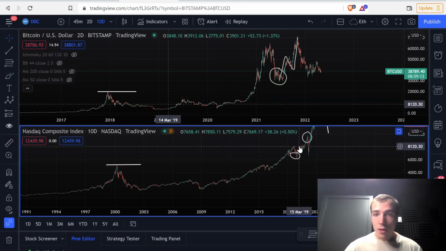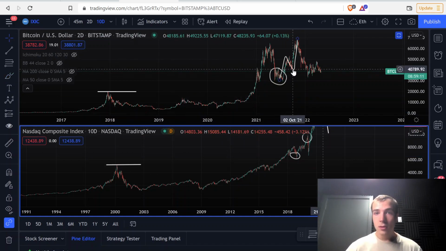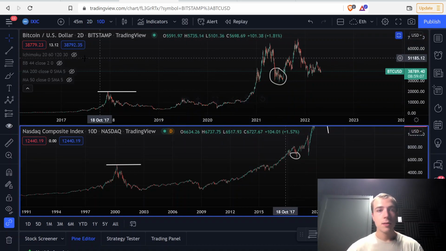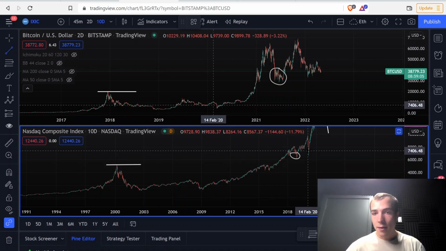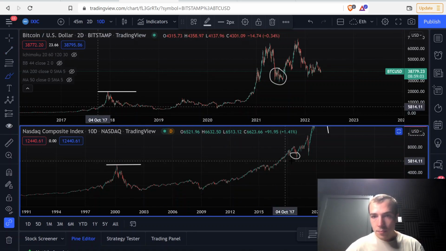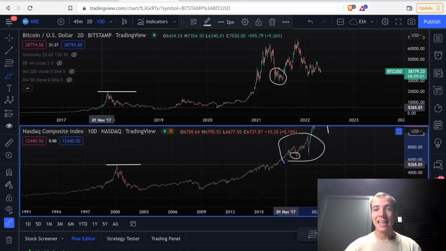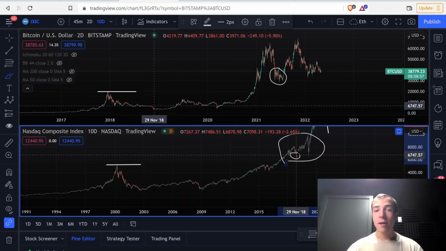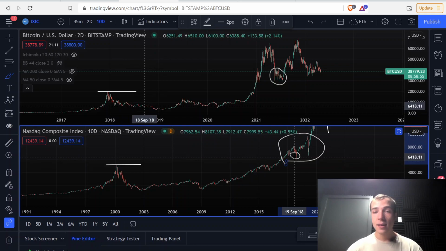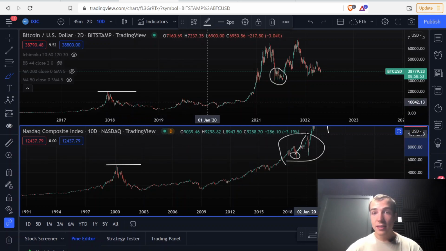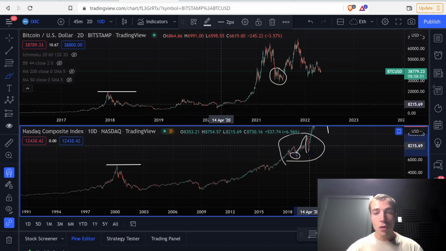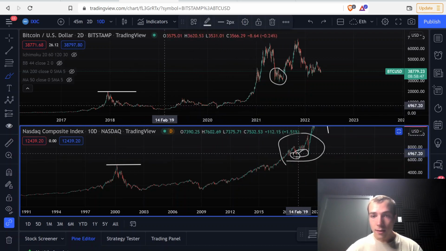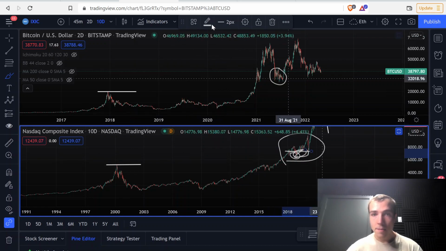And it dropped all the way back down to that circle, right here, on the NASDAQ, on the US stock market. So that area where it started to panic sell, then it expanded up above it, and then it came all the way back down to that area again, that little circle right here on this chart.